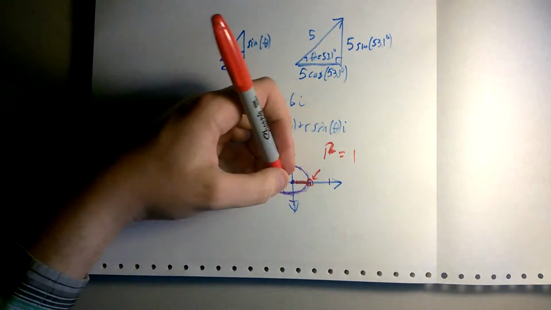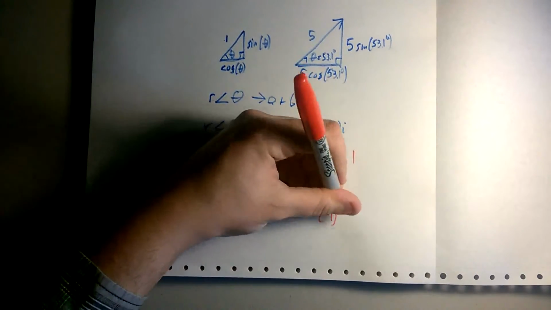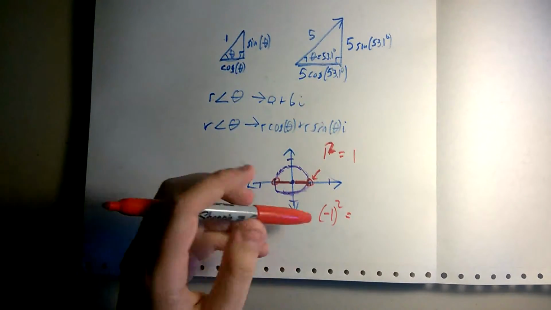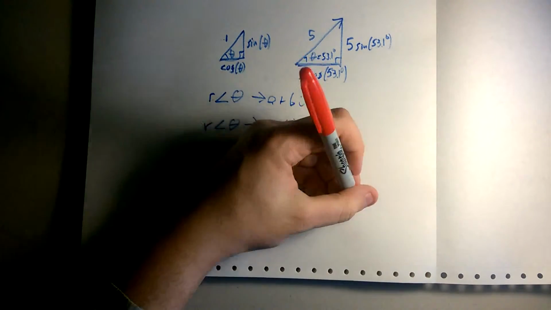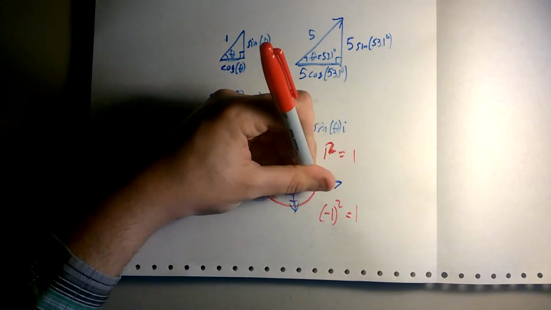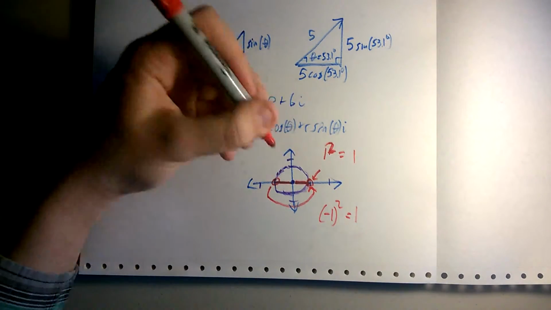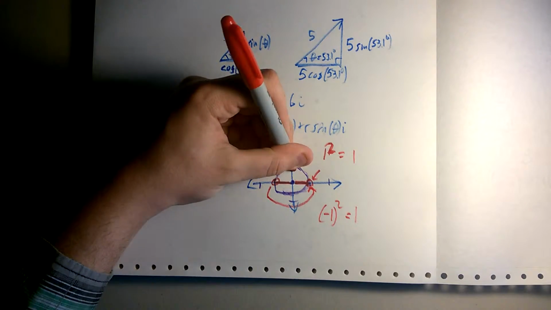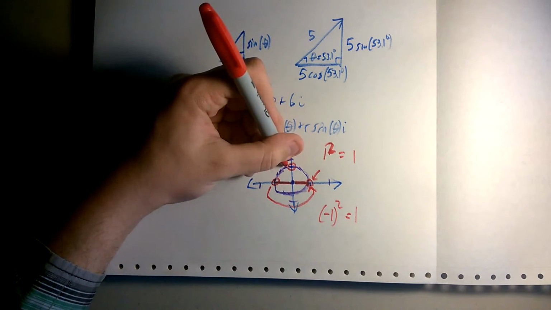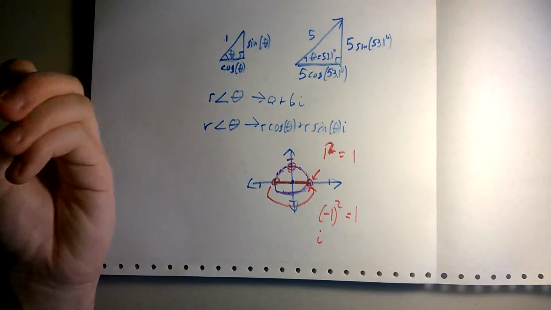Now let's take negative 1 and multiply by itself. Negative 1 times negative 1, the negatives cancel out. You get positive 1. So we know that this point takes you to this point. And now, let's go here. We know that i is the square root of negative 1.